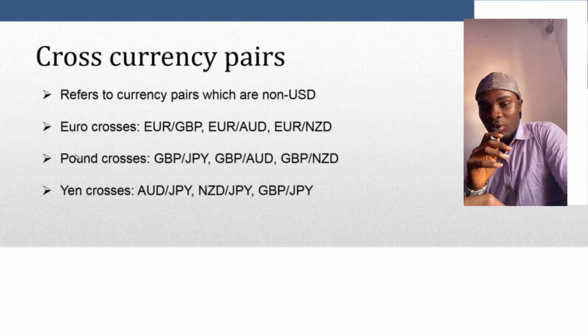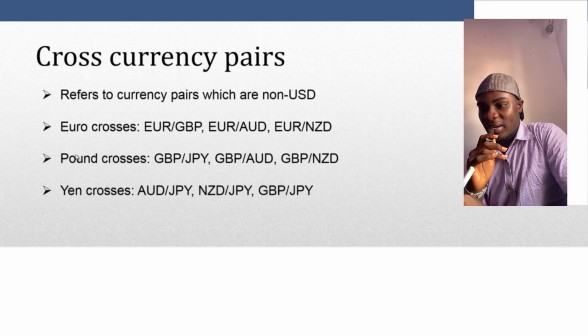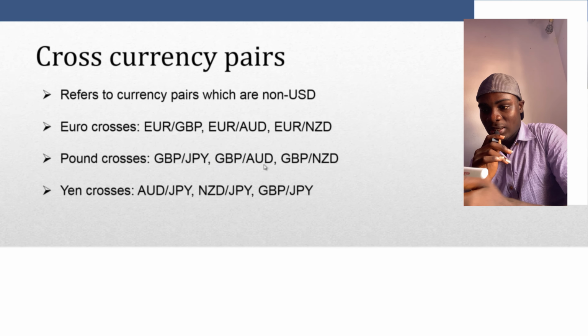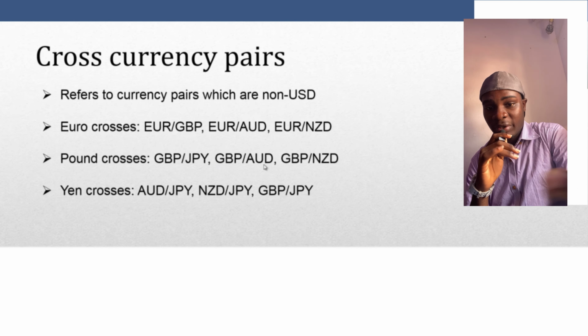And we have the pound crosses, which have the pound in them: GBP/JPY, GBP/AUD, GBP/NZD. And we have the yen crosses: AUD/JPY, NZD/JPY, and GBP/JPY. Pretty simple, right?